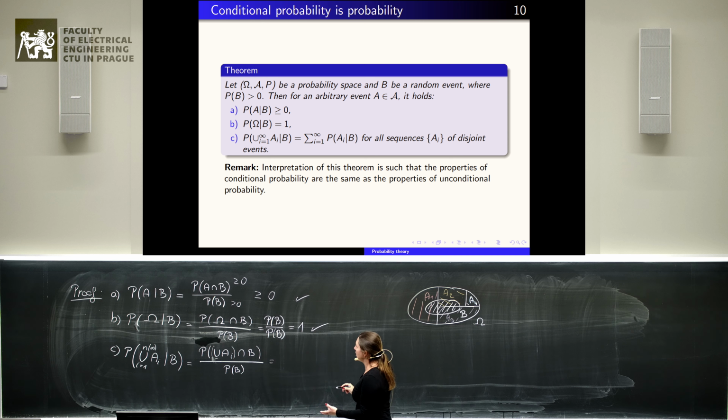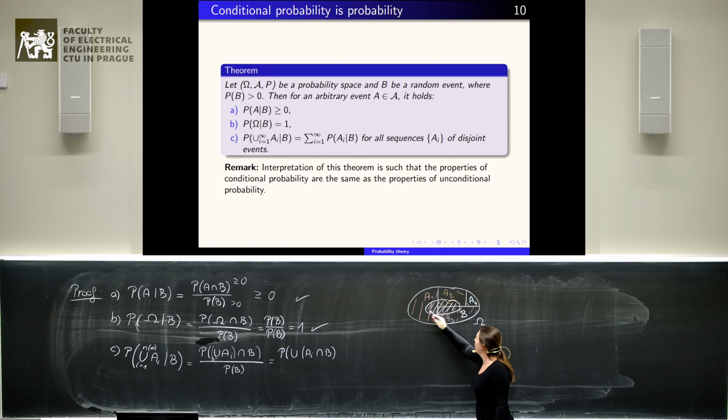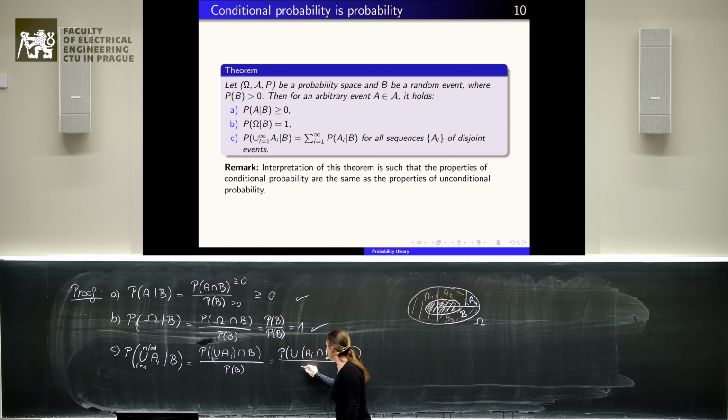But what is the intersection of B and the union of A_i? It is the probability of the union of A_i intersected with B. And because the union of A_i intersected with B can be divided into these parts, B intersected with A1, A2, A3, and some other A's which we consider, over the probability of B. We know that in classical probability, the probability of the union can be calculated as the sum of the probabilities.